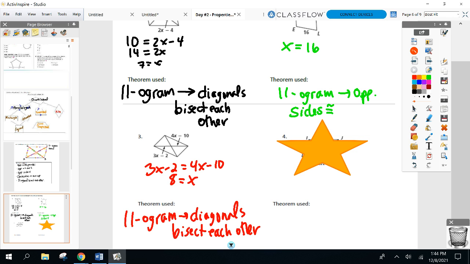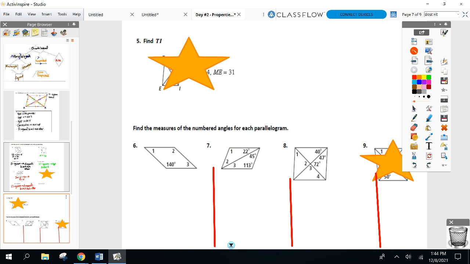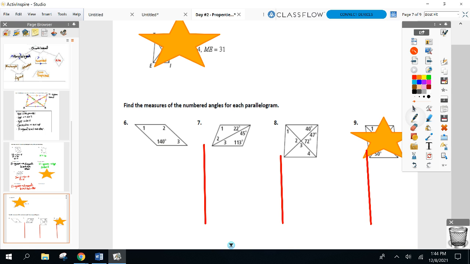Here's where you're really going to start challenging yourselves and everybody else in your group. Angles. I'm going to give you 45 seconds. That's all it should take. Find angles 1, 2, and 3 in number 4, in your group.